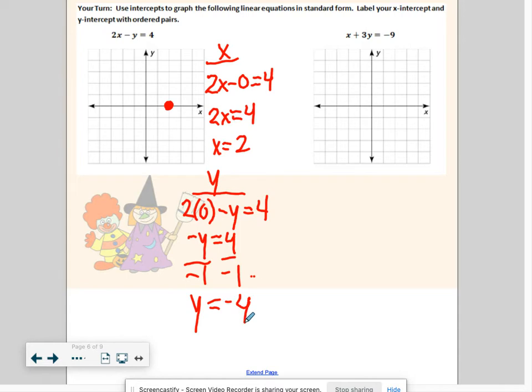Negative 4. So this time you're going to go down 4 on your y. That was not very straight. I missed my dot.